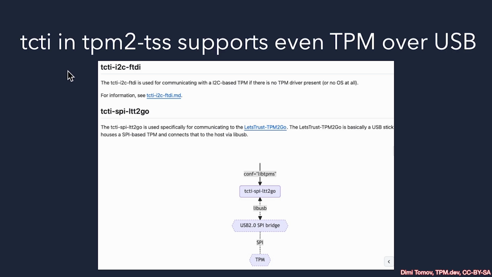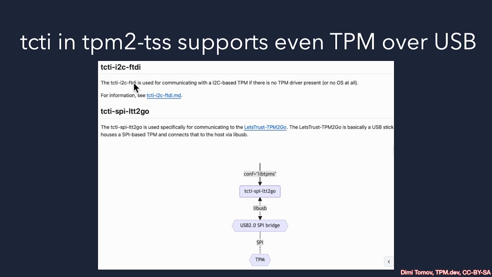But first, here's something very interesting that I wanted to show, on why the approach of implementing TCTI libraries, even though causing a bit of confusion about the terminology, is a good approach. It's useful because there are even TCTI libraries that allow us to talk to a TPM over USB. I've selected just 2 examples.